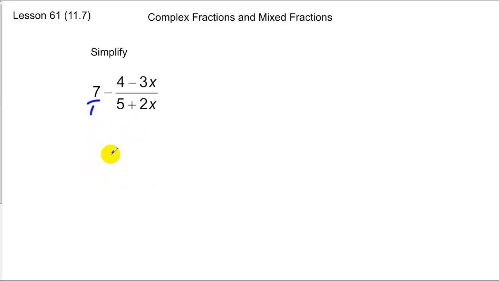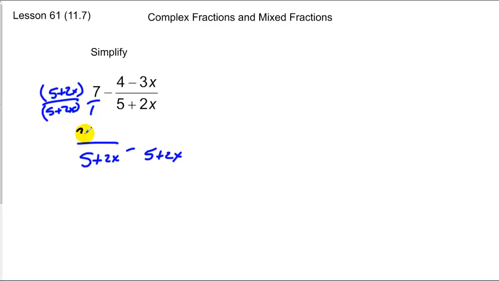So we have to find a common denominator between the two of them. This first term, we'll need the full 5 plus 2x, so I will rewrite that just like I've been doing all along in both cases. And the 7 gets multiplied by the 5 plus 2x, both in the numerator and denominator.